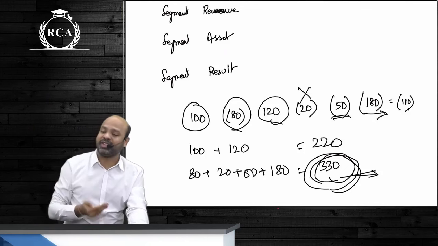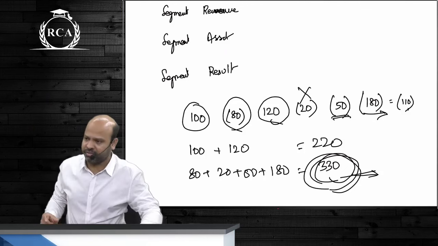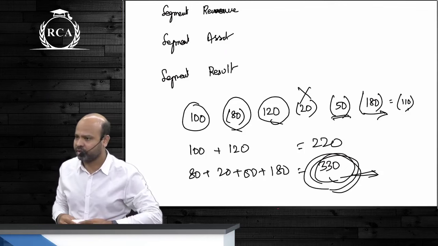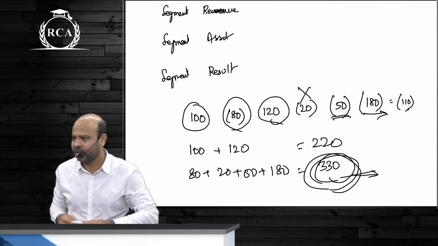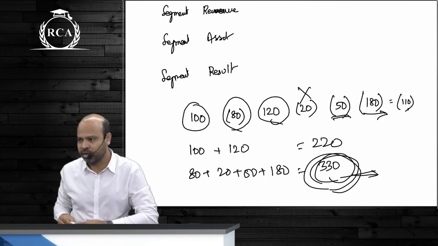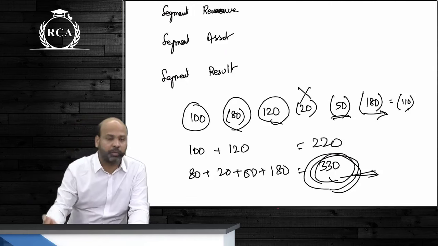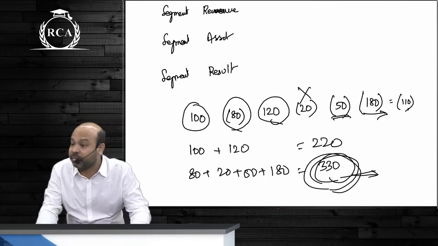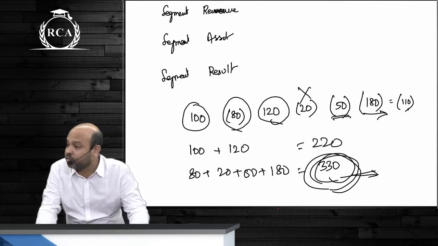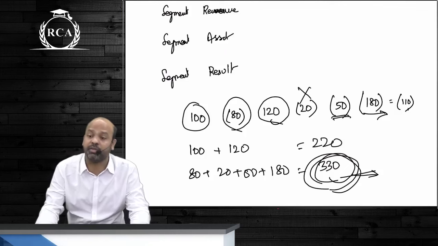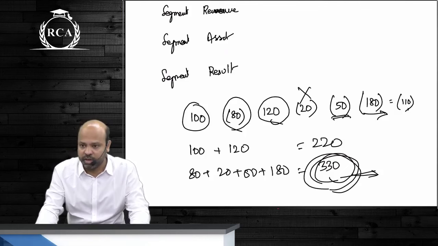To understand this standard, you should first know the definition of business segment, geographical segment, and then segment asset, segment liability, segment revenue, segment expenditure, segment result. Let me finish the revision, but I'll take care of other things. First, talking about business segment, it is a product or a group of products or services whose risk and return characteristics differ significantly from the other products or groups of products or services.